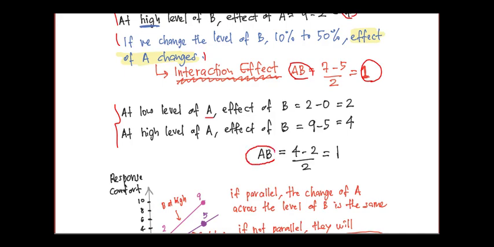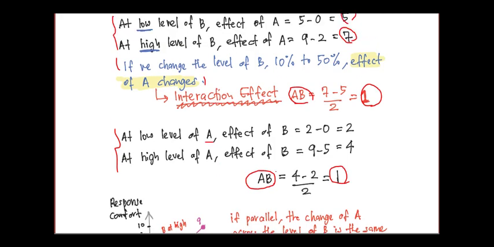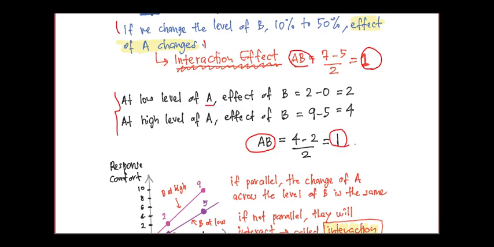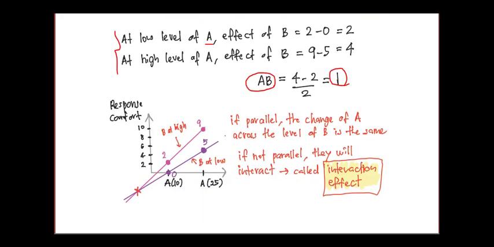Again, if we calculate the interaction effect of A and B, the result will be the same. So by this you can check if you have calculated the interaction effect correctly or not. By both of these procedures, we can find the interaction effect of these two factors.